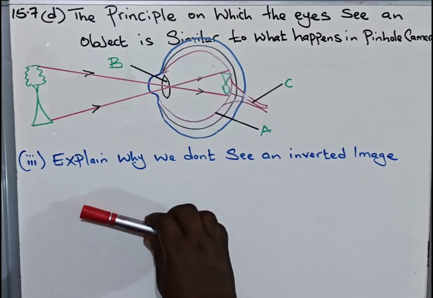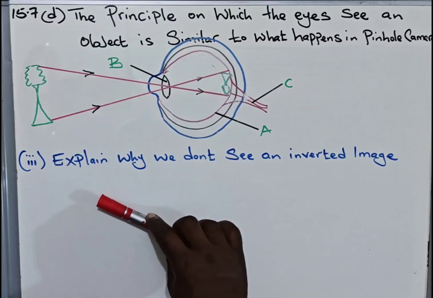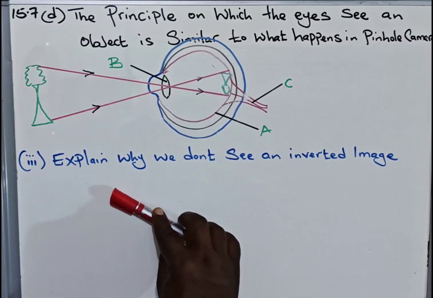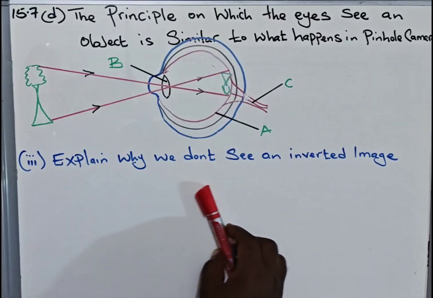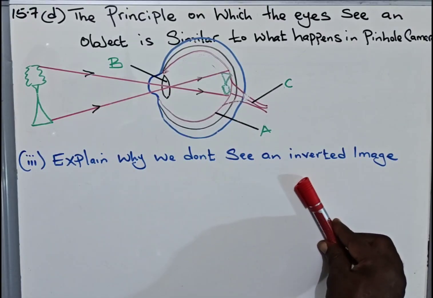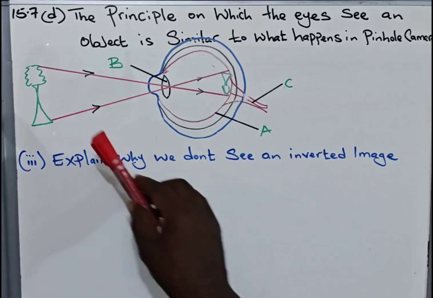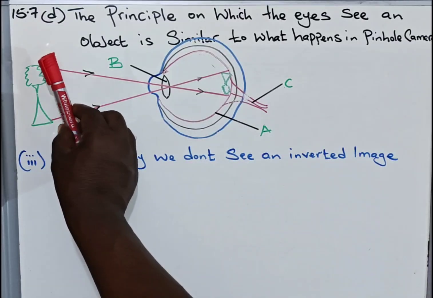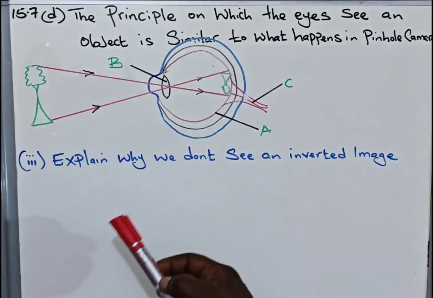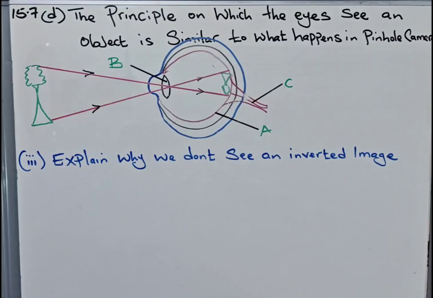Then we come to this question. It says explain why we don't see an inverted image. Remember we have an upright object and our image is inverted, but we don't see the image inverted. Why?